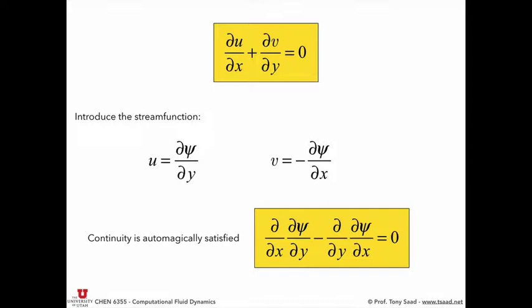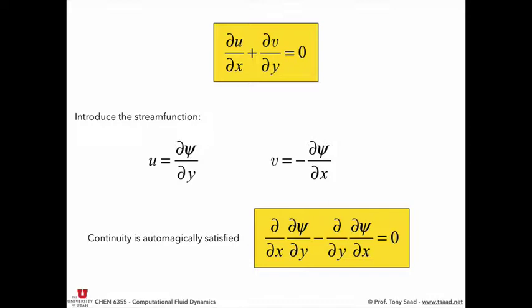You take this guy, put it here, take that guy, put it there with the negative sign. It satisfies the continuity equation immediately, by definition. You don't need to do any tricks. Just by defining the velocity to be based on the stream function, you have immediately and automatically satisfied the continuity equation.